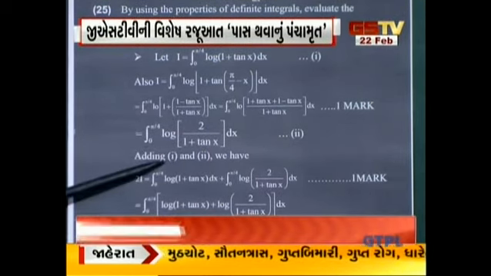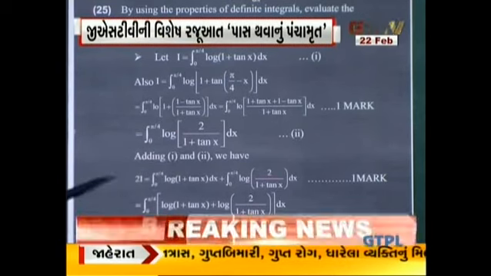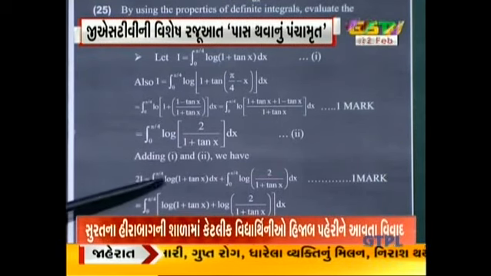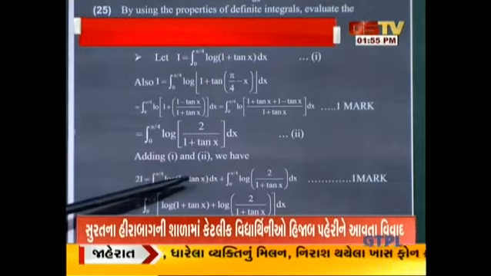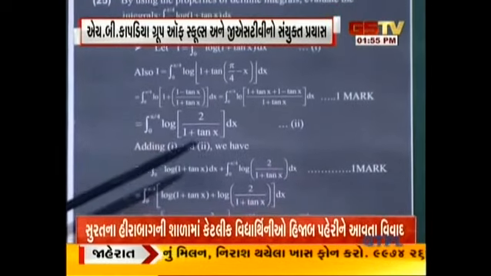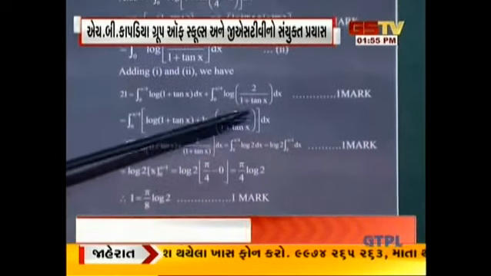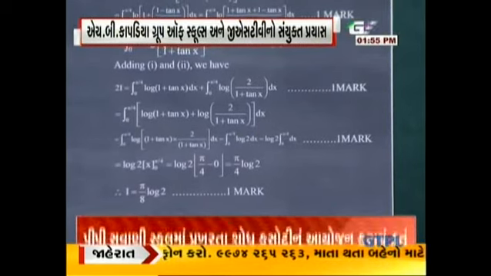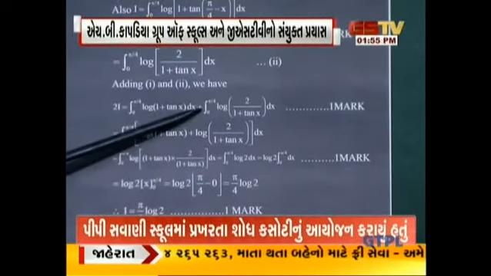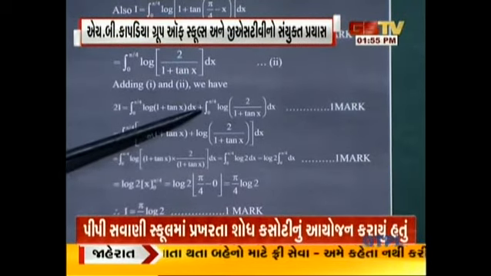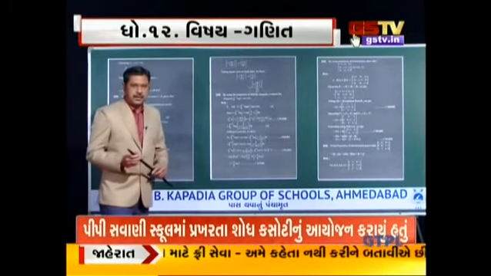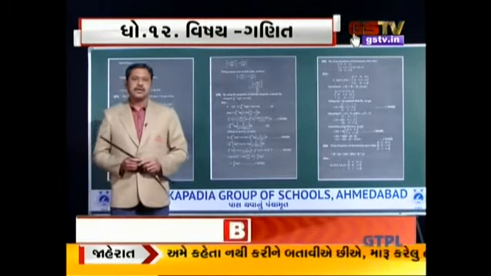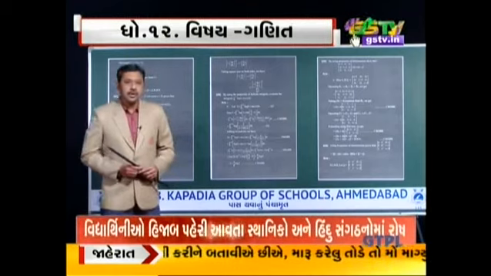Now we add results 1 and 2, we get 2I is equal to 0 to pi by 4 log of 1 plus tan x, plus 0 to pi by 4 log of 2 upon 1 plus tan x. Now if we take addition in log function, we have to multiply, like log a plus log b is equal to log of ab.